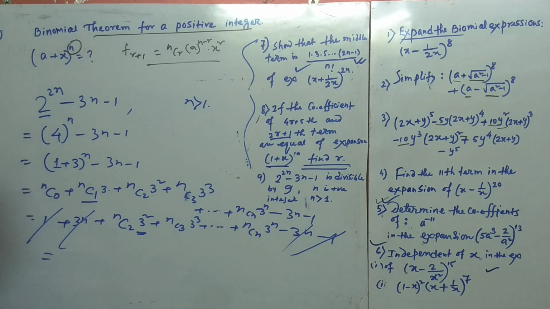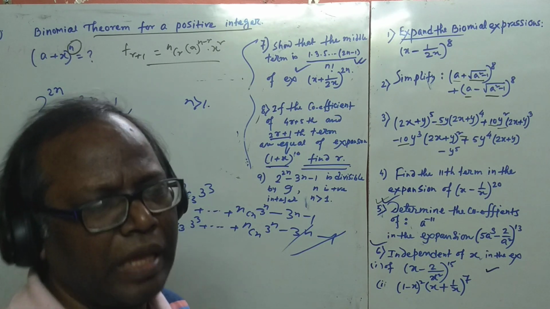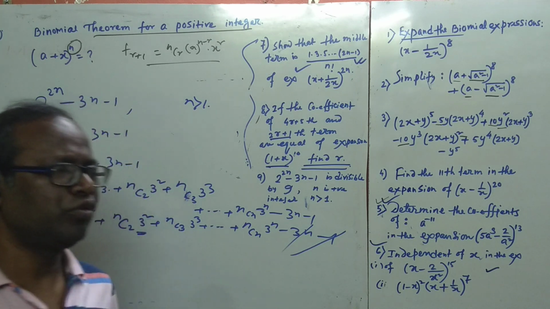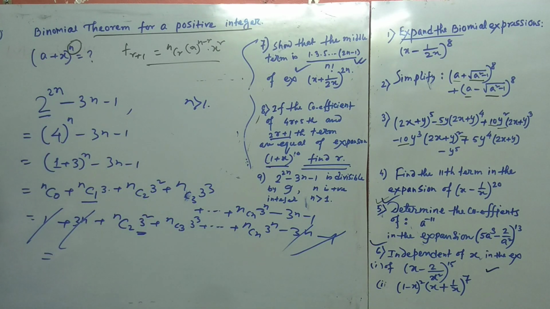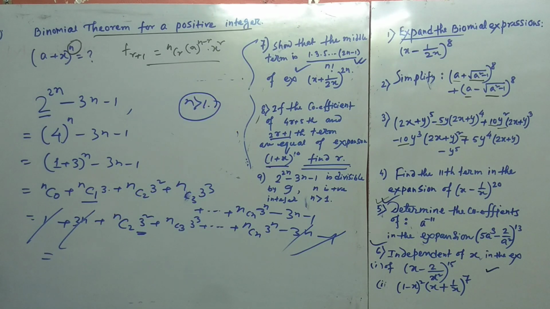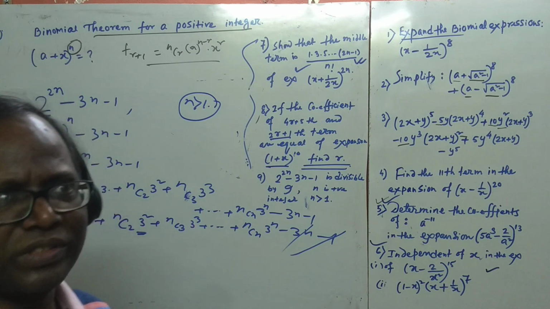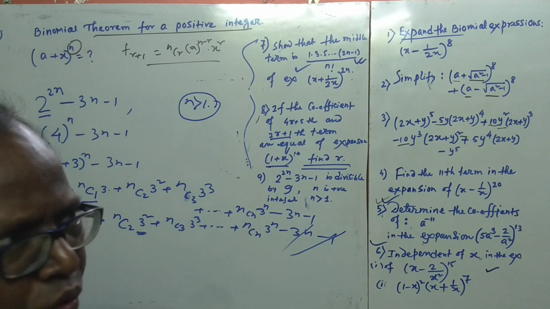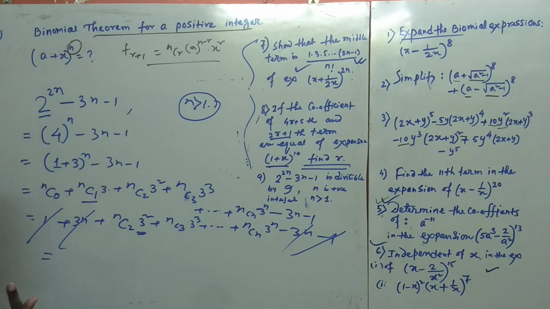Taking common, the least degree of 3 in this expansion is 2 here, so we have to take 3 to the power 2 common. n is a positive integer, and given that n is always more than 1, so you start from n equal to 2. So the least value is 2 here, and we can take common 3 to the power 2.